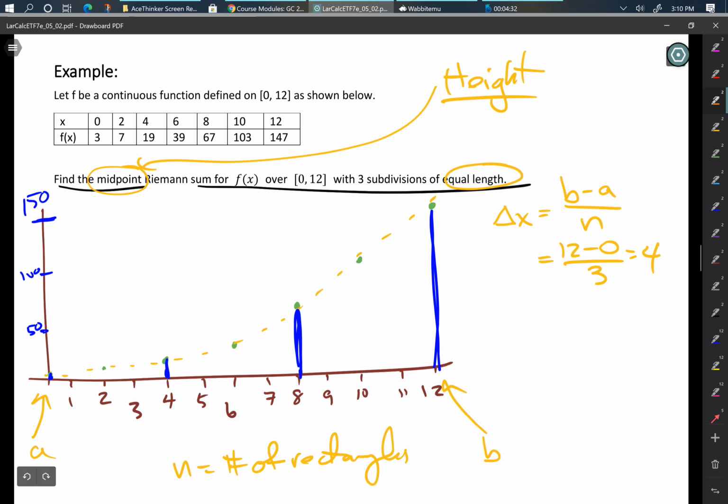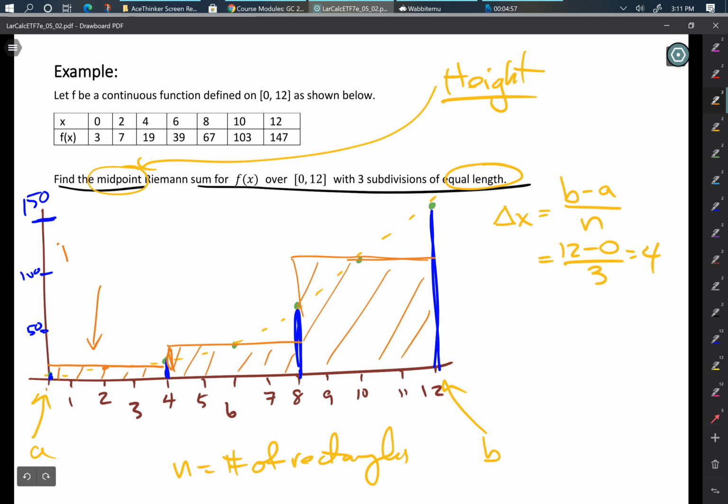So the midpoint of the first rectangle, if it goes from 0 to 4, is 2, so that's our height. 4 to 8, the midpoint is 6, so that's our height. 8 to 12, the midpoint is 10, so this is our height. And then these are the 3 rectangles that we're going to add up. Right? So this rectangle, I'm going to call it rectangle number 1.